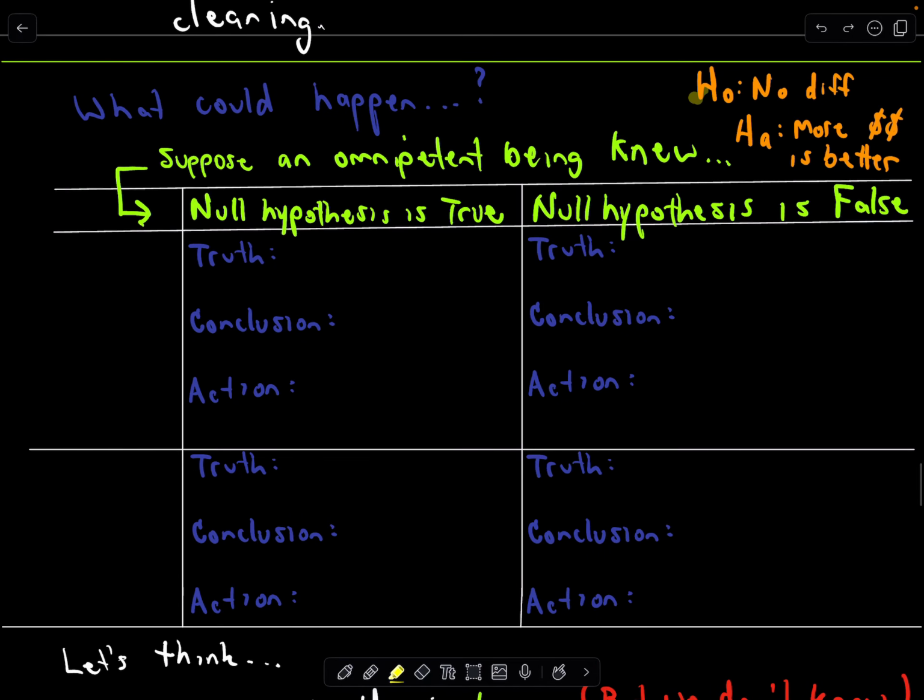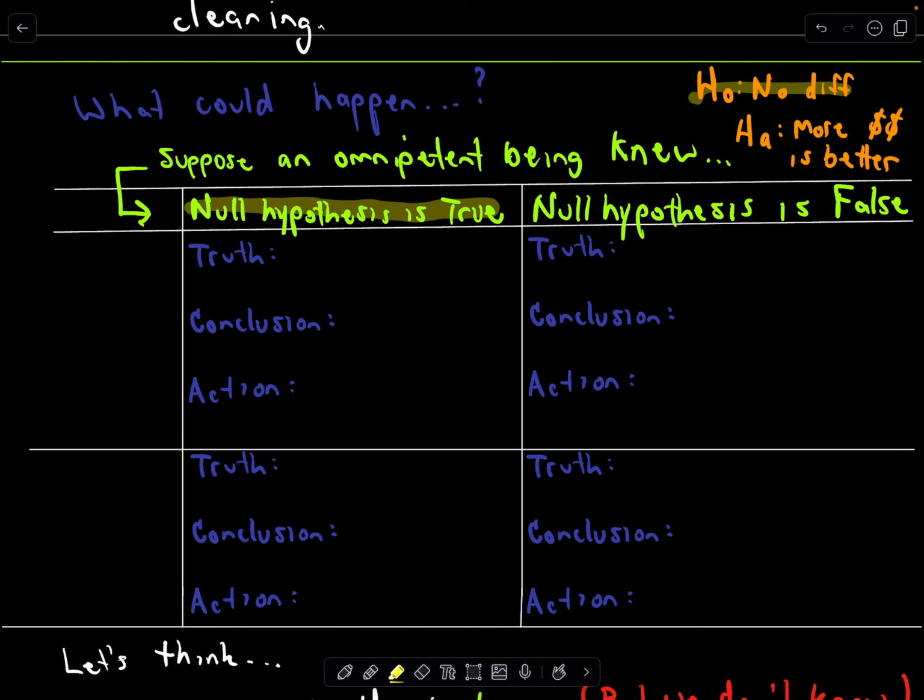So again, I've got my null and my alternative hypotheses up there. Now, suppose we've got some omnipotent being. Suppose somehow the omnipotent being knew the following. Suppose that the null hypothesis is in fact true.